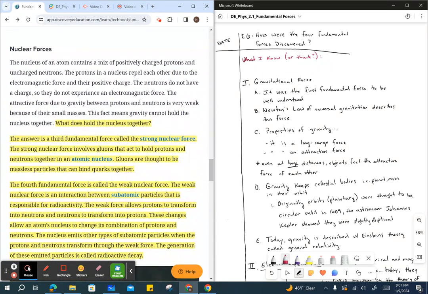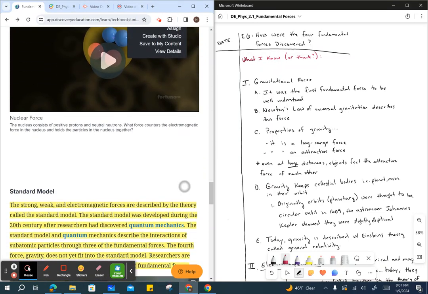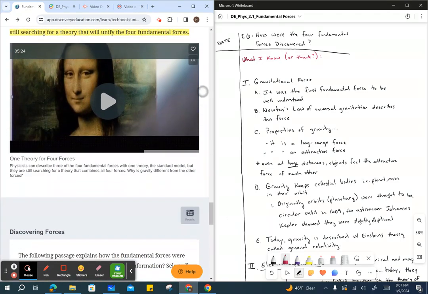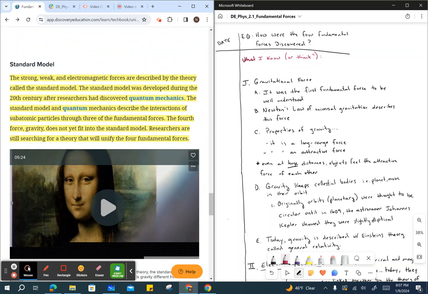Then they're going to get into your nuclear forces, your strong and your weak nuclear forces. That's your 4 fundamental forces in total there. And then they finish up with just a little paragraph talking about the standard model, right, which incorporates 3 of those 4 forces.